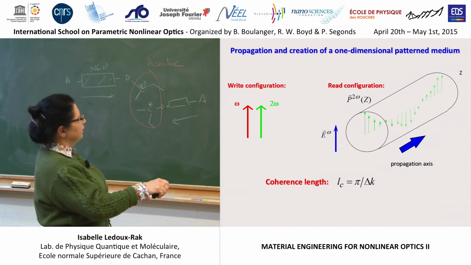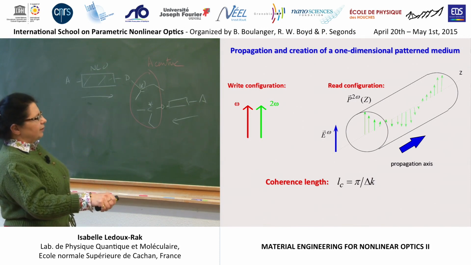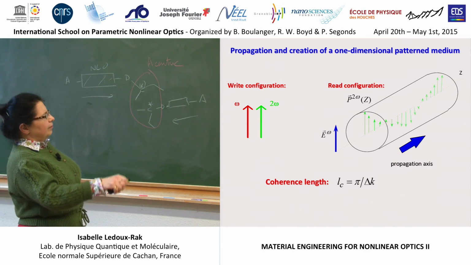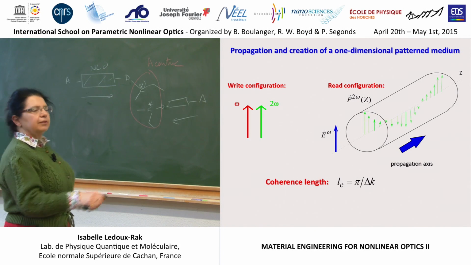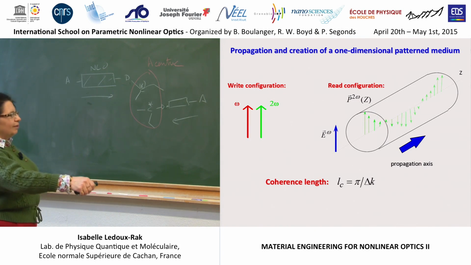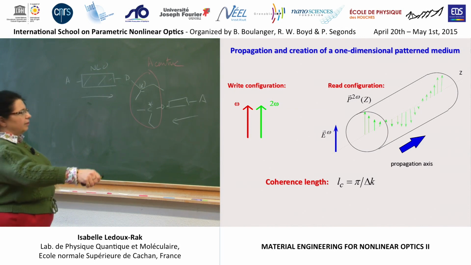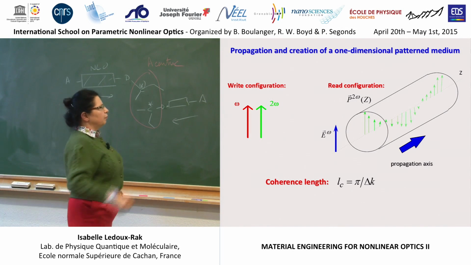And if we keep here the same plane for polarization, the molecules will be alternatively polarized positively and negatively with a given period, which can correspond to the possibility of a quasi-phase matching operation. And you can see that the dipolar symmetry is kept over the whole propagation length.